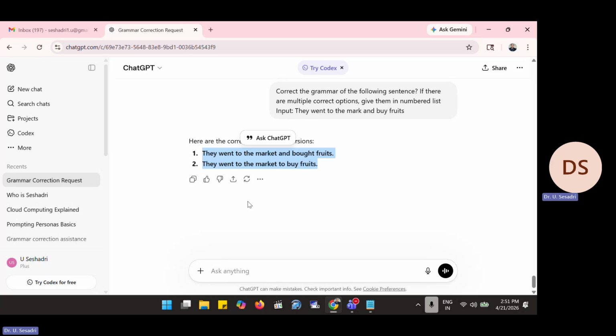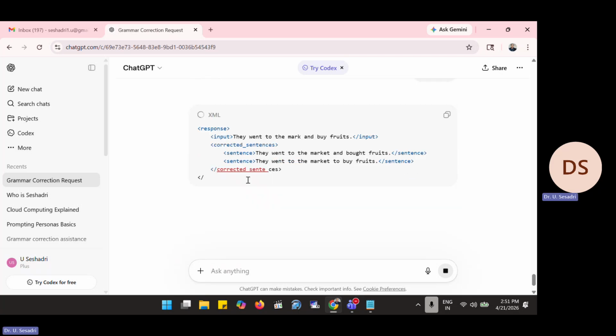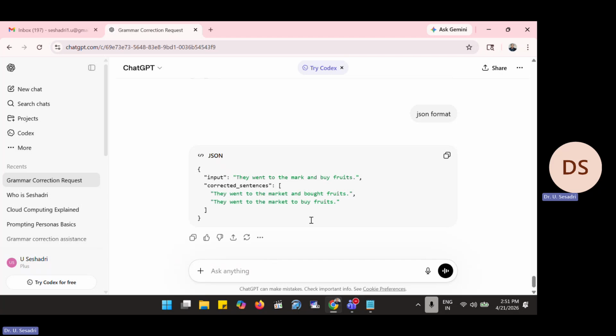Now I am asking that I need the output in XML format. See, is the output coming in XML format or not? Here, the response has the input "They went to the market and buy fruits" and the corrected sentences in XML format. Then I need the JSON format, and it provides JSON.